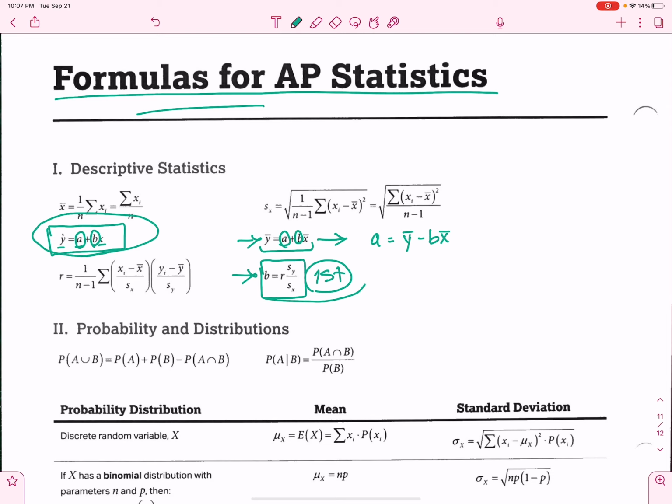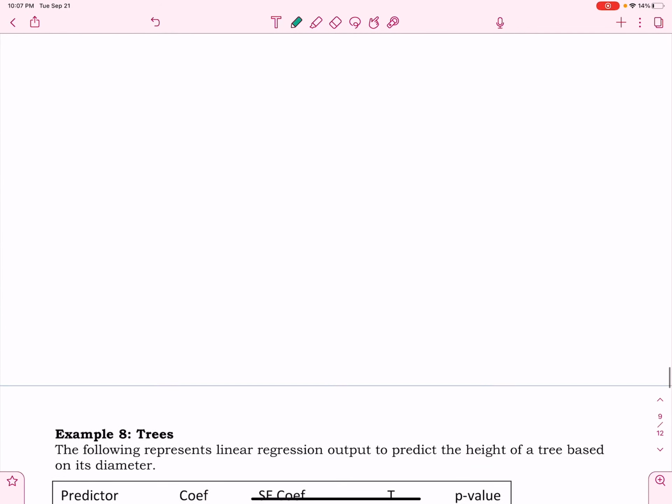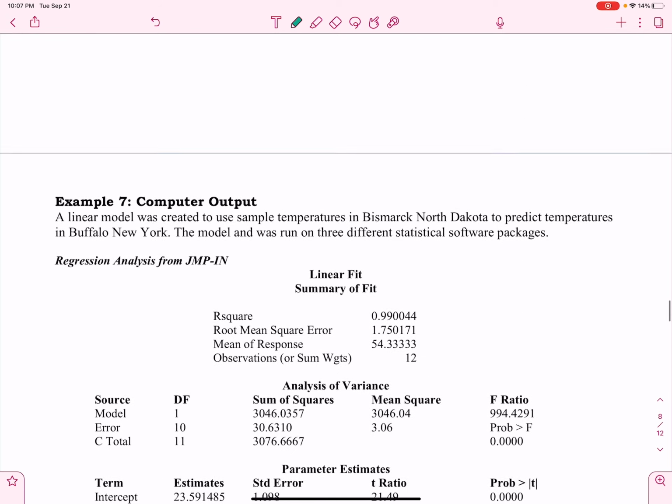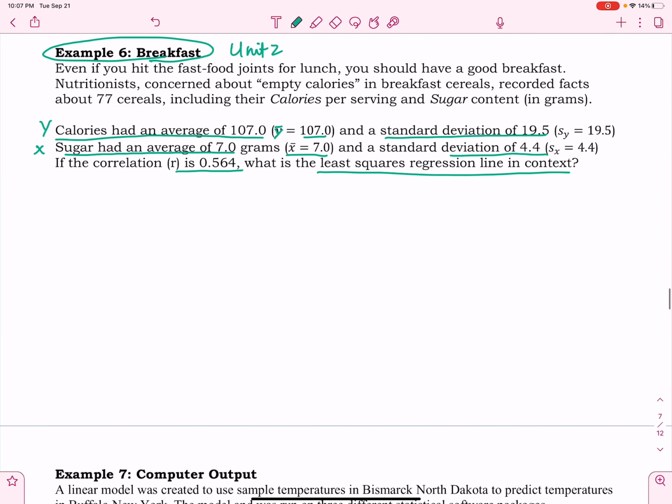Okay, so the first thing I'm going to do is use this formula right here. So let me go back up to my problem here. I am going to start with the slope equals r times the standard deviation of y over the standard deviation of x.